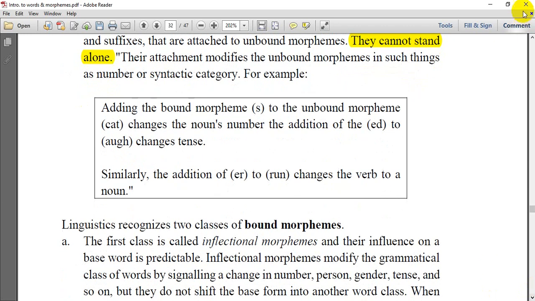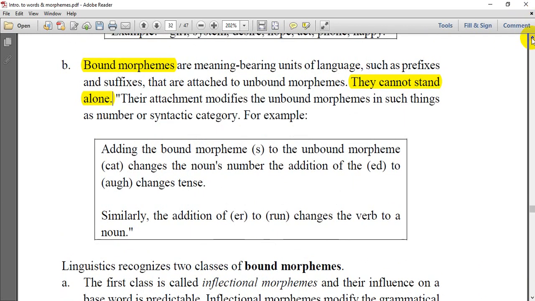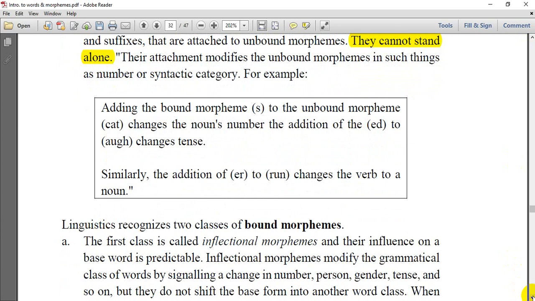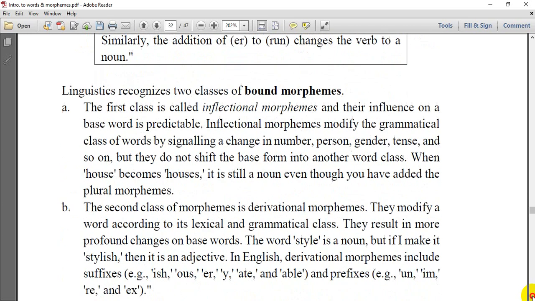This is in the bound morpheme. So the bound morpheme can't stand alone and needs other words to be understood. Bound morphemes tend to be affixes: the prefix, the infix, and suffixes, attaching to the beginning, middle, and ends of words. This is the bound morphemes.